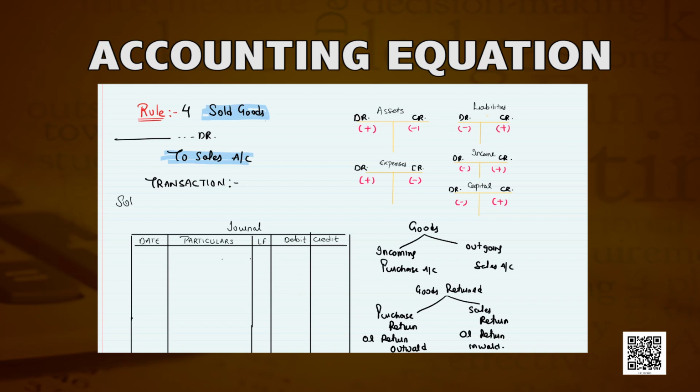Sold building, let's say 10 lakh. See, here is a difference. It doesn't go with the rule. Why? Because the rule says the words should be sold goods, but here I have mentioned sold building.